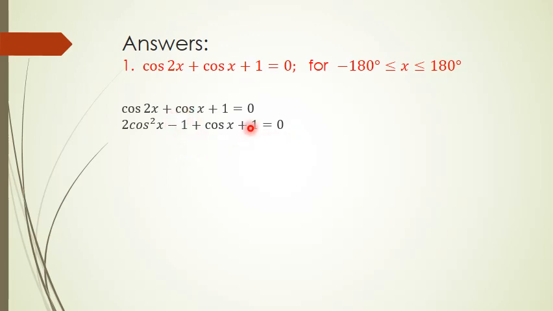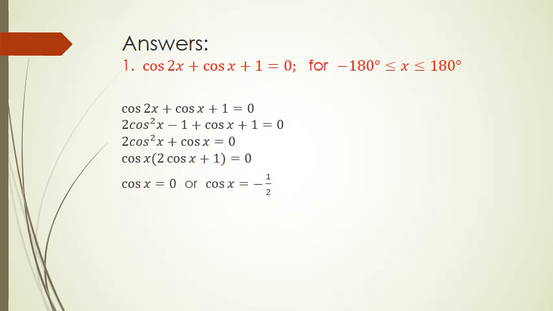Then minus 1 plus 1 is 0, and that leaves us with 2 cos squared x plus cos x. Observing that there is a common factor, we factor out cos x. That's cos x into 2 cos x plus 1 equal to 0, which gives us either cos x equal to 0 or cos x equal to minus half.